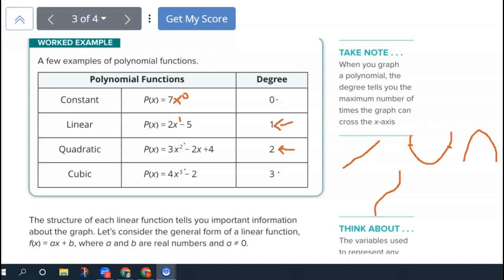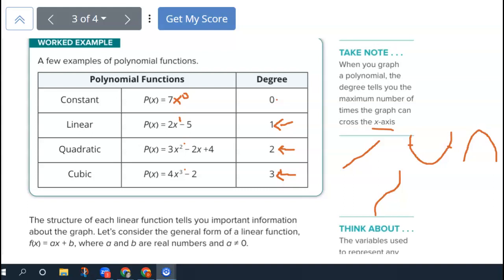Cubics are going to cross a maximum of 3 times. So these numbers will tell you something as we go through the class about what's called the x-intercepts, and that's leading into what we're going to study now, the times that the function crosses the x-axis.